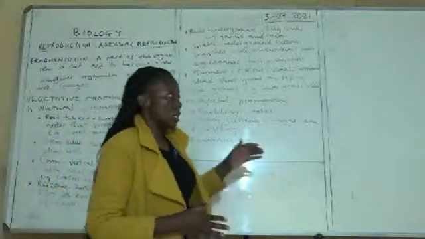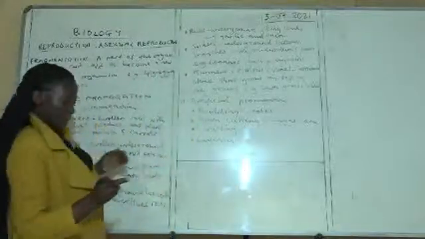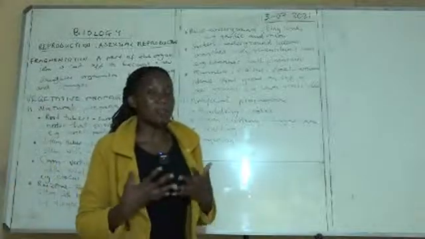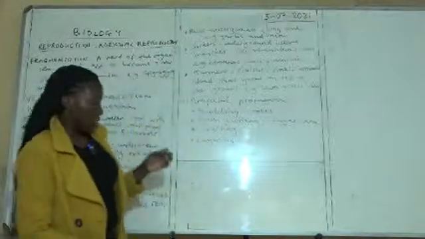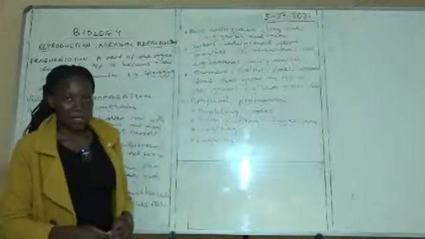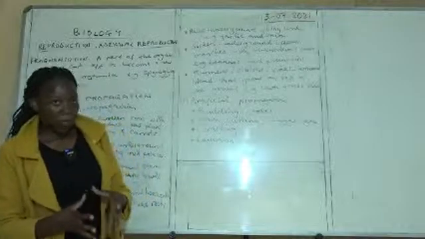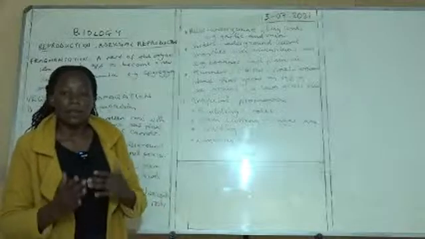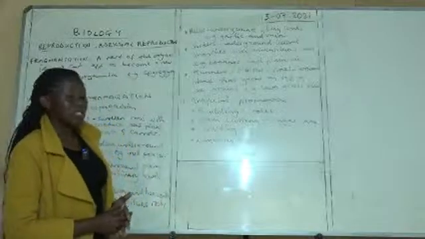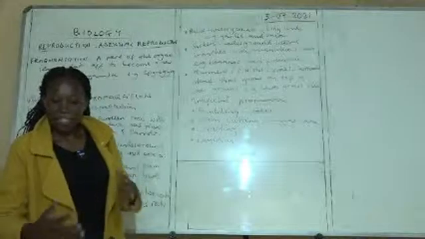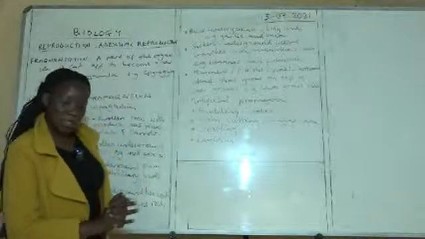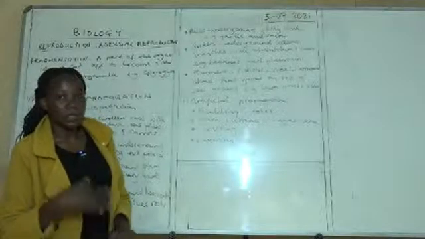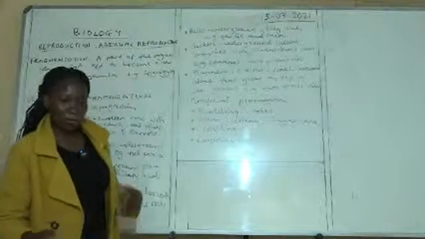Here basically there are two types, natural and artificial. Now from the term vegetative, understand that it is the vegetative parts of a plant that are used to grow new plants. How do you know the vegetative parts of a plant? We all know which parts of a plant can photosynthesize. Those are what we call vegetative, because there's vegetation in them, there's chlorophyll in them, and these are sometimes roots, stems, leaves, and also branches.